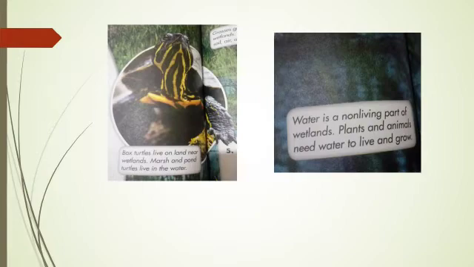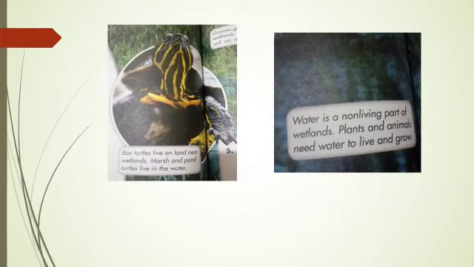Marsh and pond turtles live in the water. What is the meaning of the word wetland? Wetland means a place full of water. Marsh means a type of wetland. So as you can see, this turtle lives in the water.